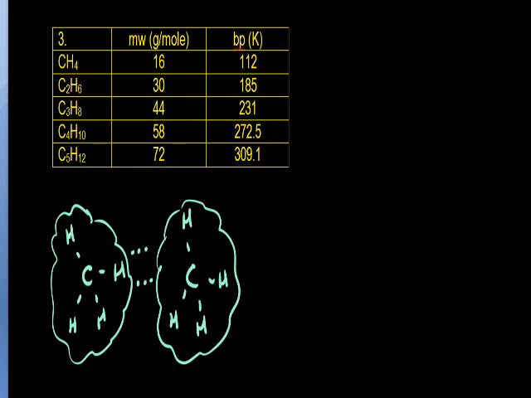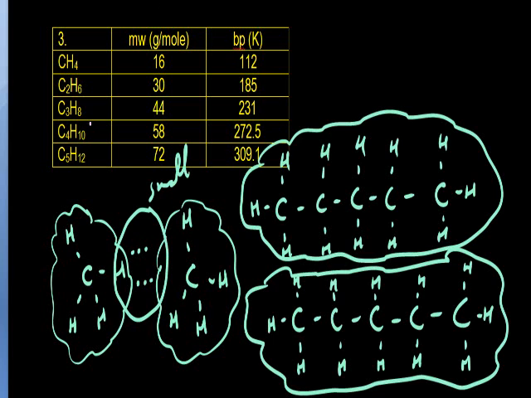In a small hydrocarbon, such as methane, CH4, the electron cloud is fairly small, so the amount of dispersion forces that can be generated between molecules is fairly small, which is reflected by a fairly low boiling point, or energy that's required to separate these particles and turn them into gaseous particles.